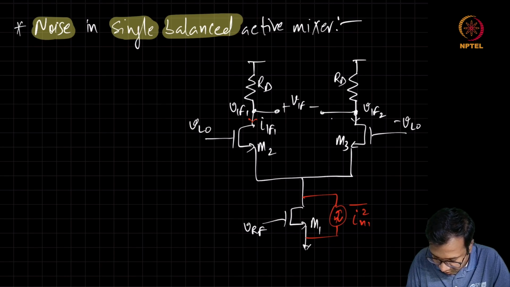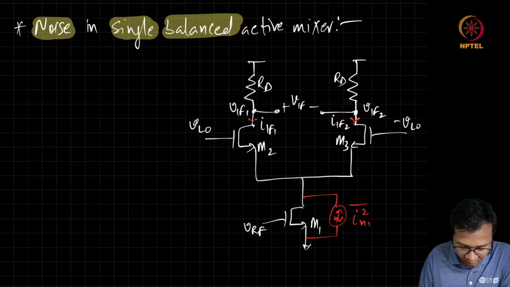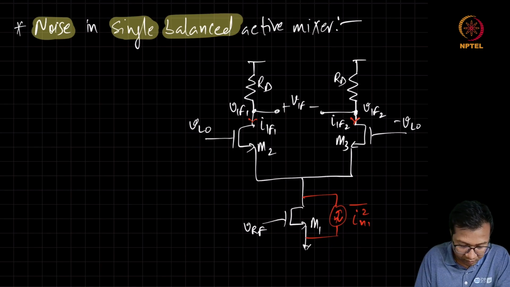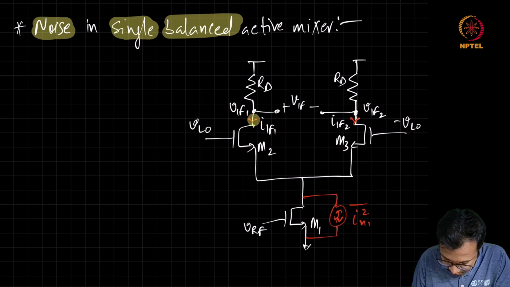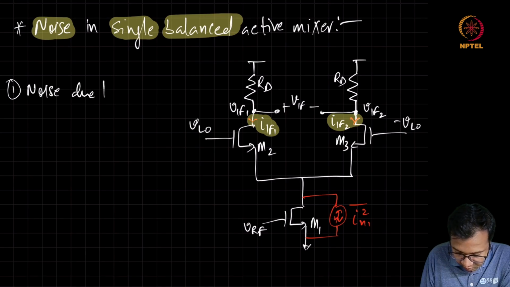This is IIF2. Let me first try to understand what is the transfer function from the IN1 to this IIF1. So first we are looking at noise due to M1.